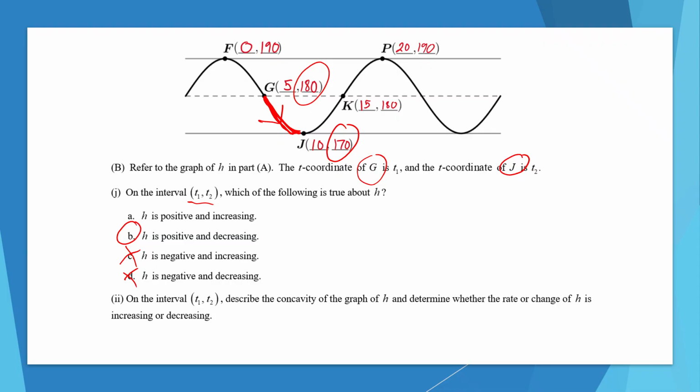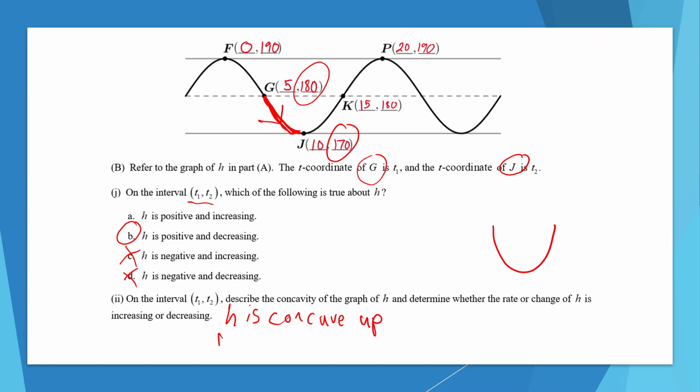Right, and then part 2: describe the concavity of the graph of H and determine whether the rate of change of H is increasing or decreasing. So here we want to fully answer the question. I would say H is concave, and if you take a look, that portion is a part of an upwards U shape, so concave up.